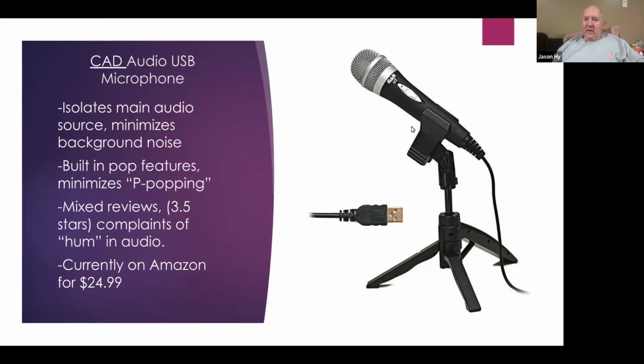It'll eliminate the popping of the P's, if you've ever heard that expression. If the microphone is right on them, and they're talking about a lot of terminology that has a lot of P's in it, it'll pop the P's. This will eliminate that, especially if you keep your microphone maybe about a foot away, not terribly close to yourself. In this instance, that'll eliminate the P's.